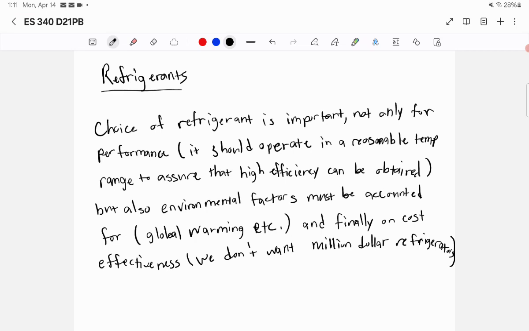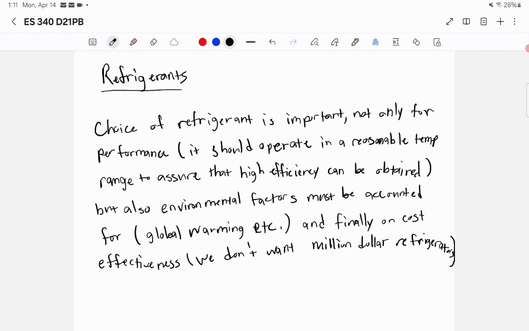DuPont actually named these refrigerants based, rather than having to go through the chemical formula, they just gave them names starting with R, in order to simplify their system.